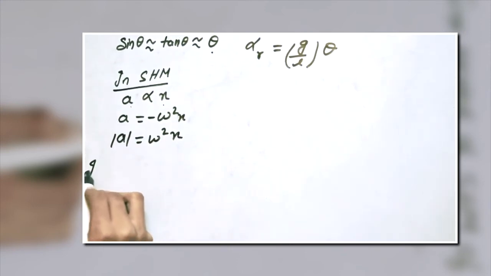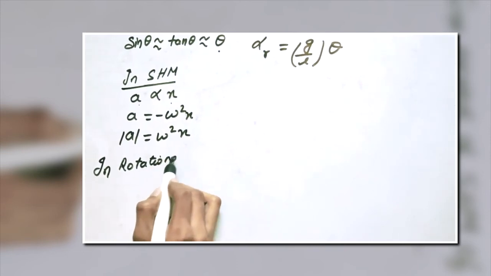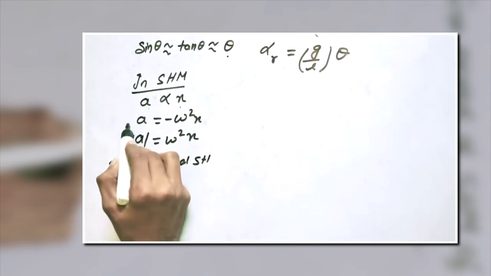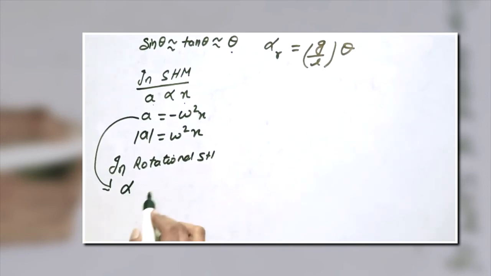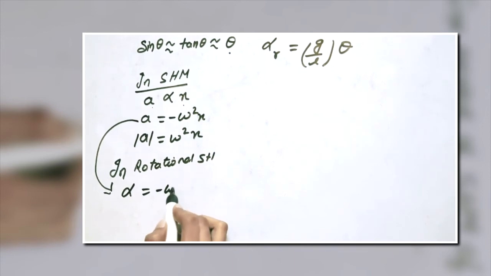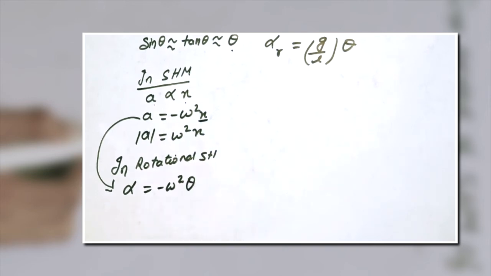When you talk about rotational SHM, this acceleration will be replaced by angular acceleration alpha. The angular velocity omega will remain the same, and the simple displacement will be replaced by angular displacement theta.